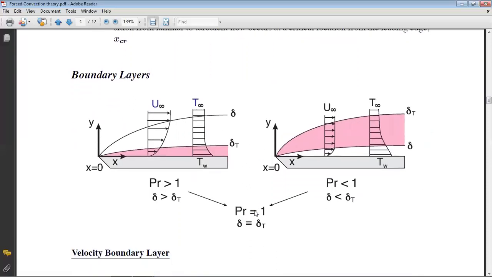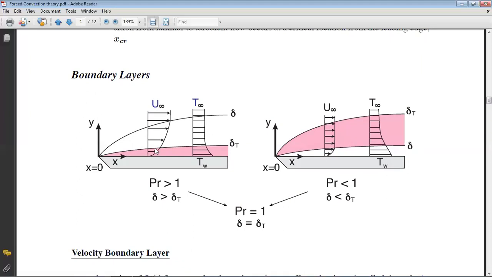This is the diagram wherein the velocity profile for the hydrodynamic boundary layer as well as the temperature distribution for the thermal boundary layer is given.